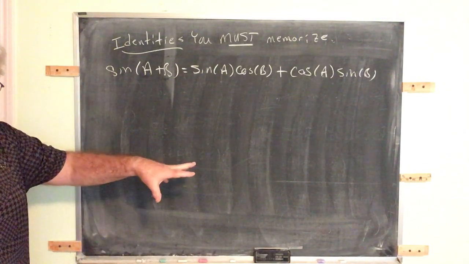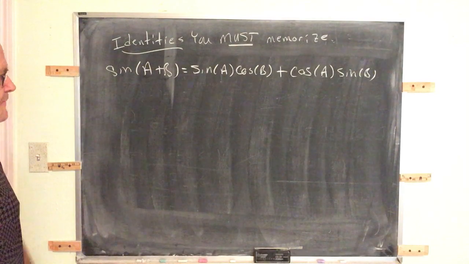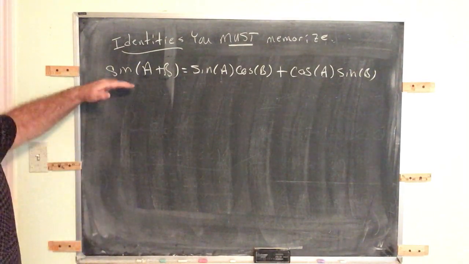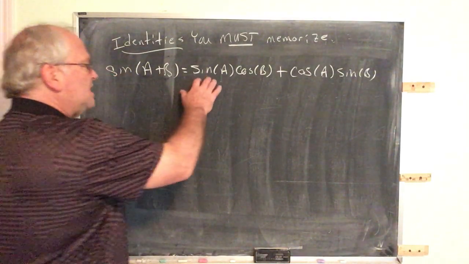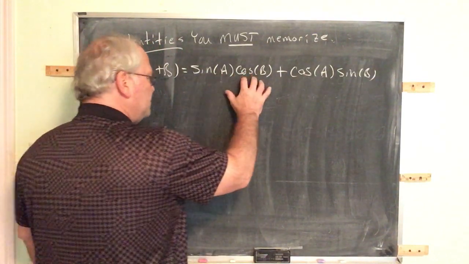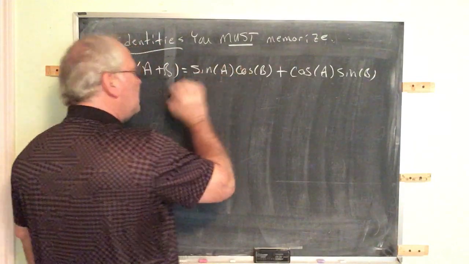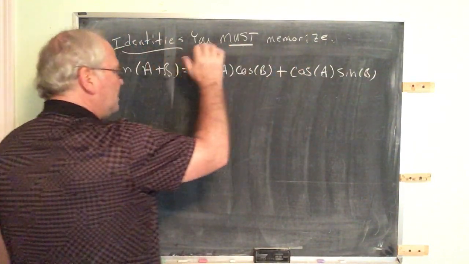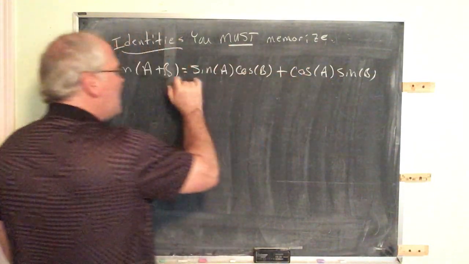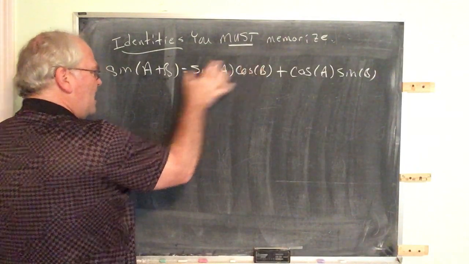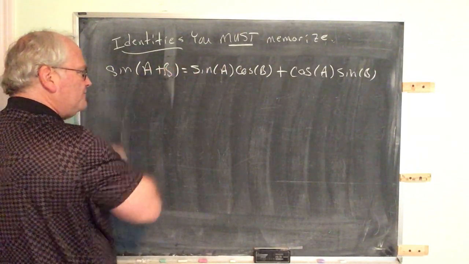It's a different sequence, similar but different. So sine of A plus B is sine, cosine, cosine, sine. If you like, you can write down sine, leave it blank, cosine, leave it blank, but eventually you get to where you're writing this as sine, cosine, cosine, sine, and the sequence of the A and B is the same as is given here.